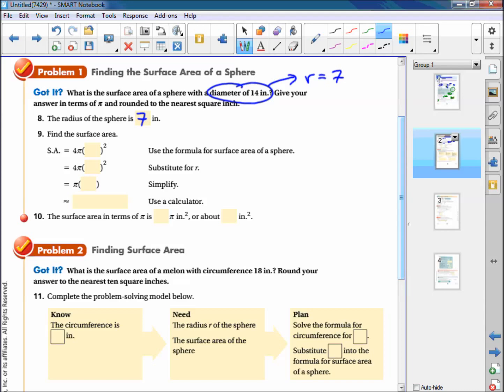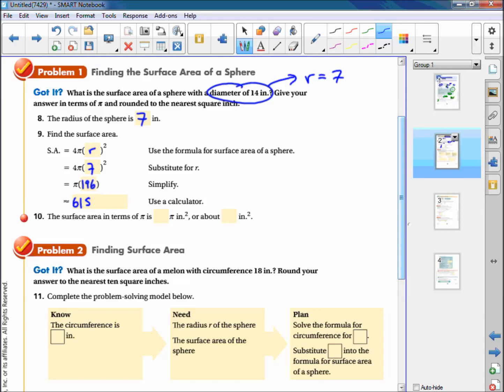So use the formula here. So this was 4 times pi times r squared. And then we're going to substitute 7 in for the radius. And then 7 squared is 49, and 49 times 4 will make 196. So this is our exact answer in terms of pi. And then we can use our calculator and type it in.